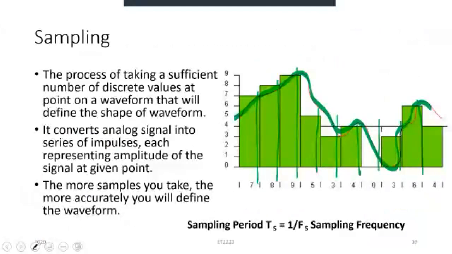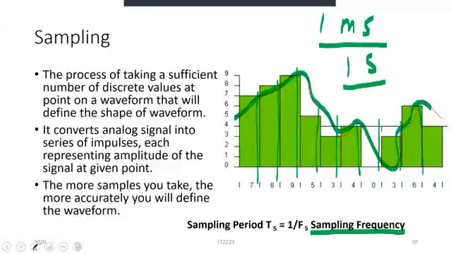So that is essentially it. Say every 1 millisecond, or every 1 second, we observe the signal. That is the sampling period, and the inverse of that is what we may call the sampling frequency. That is how many values we are going to get within a time period.